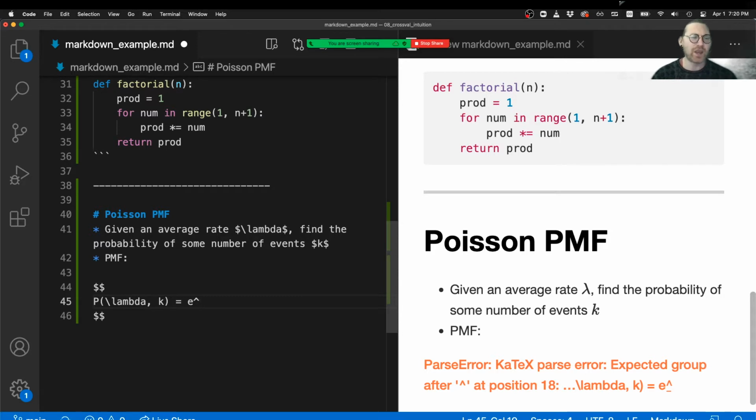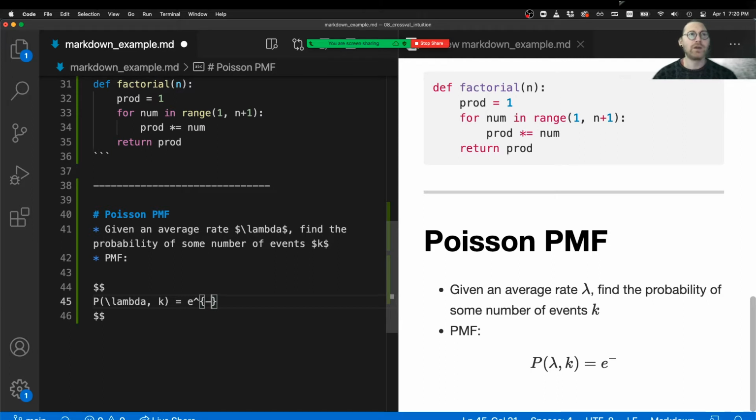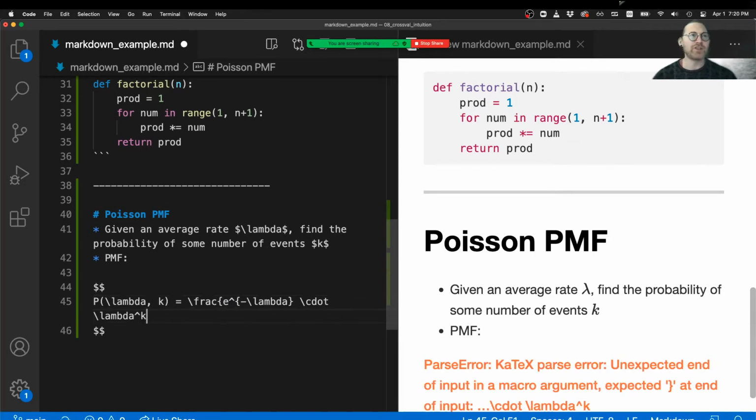Most languages use a caret for exponentiation, and I'm going to say e to the negative lambda, and then times, well, I prefer \cdot personally, for times. So e to the negative lambda times lambda to the k. And this is all going to be over factorial of k, right? And the way that you can construct a fraction here is with this \frac.